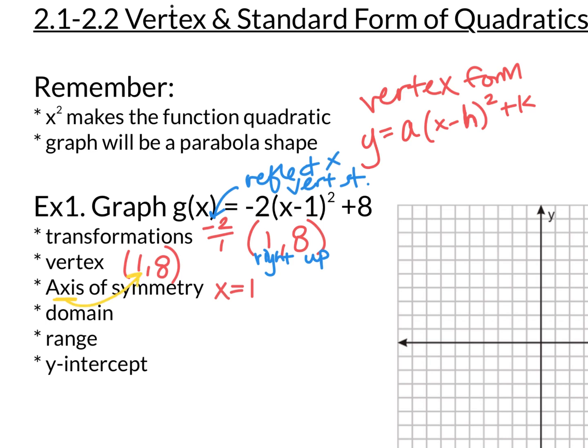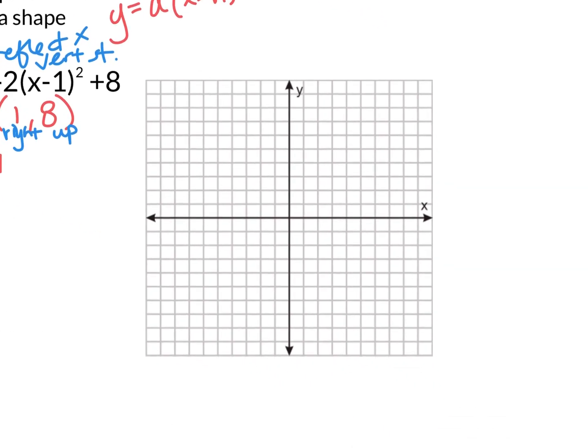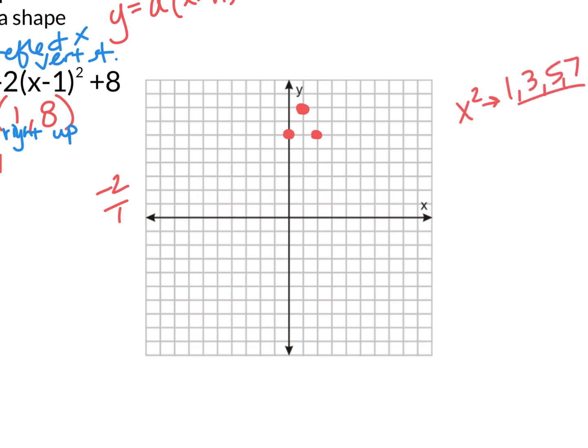If we try to graph this, before we name anything else, we're going to start at our 1, 8 point, up here. Because my slope or my rate is -2/1, I'm going to go down 2/1. At this point, all we've talked about is how to make that first point. I'll tell you that the pattern for quadratics is 1, 3, 5, 7 over 1.